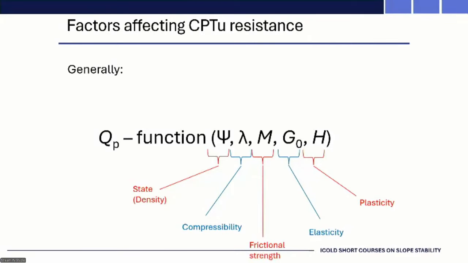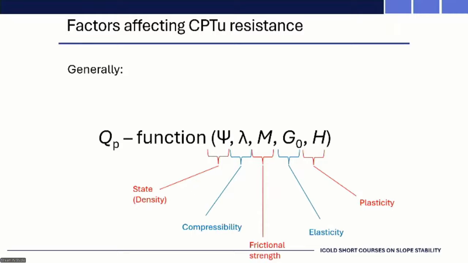Probably your frictional strength, your M value or your phi value, your modulus of elasticity, your small strain shear stiffness, and then some measure of hardening or plastic volumetric change. So all these things are impacting on this number that we're getting from the CPT. And now we're expecting to be able to infer something from that, isolating all the other effects.